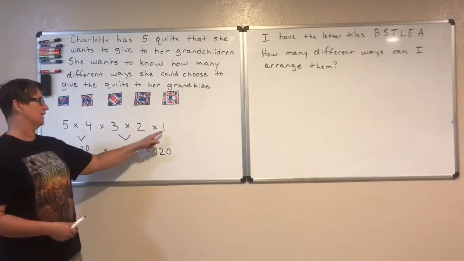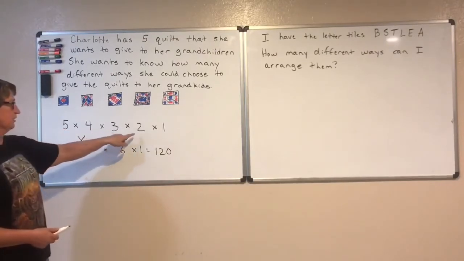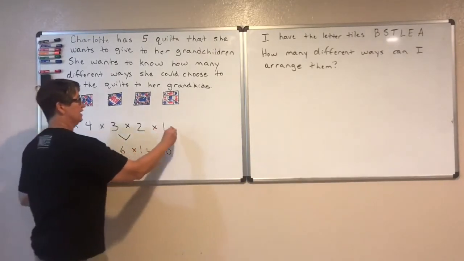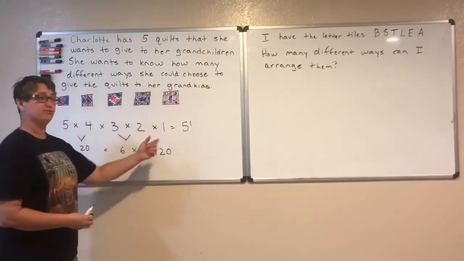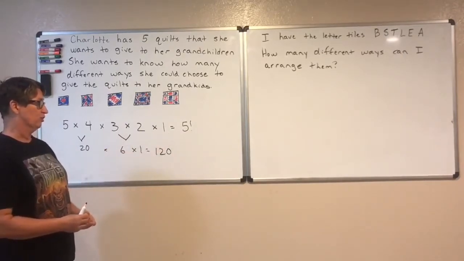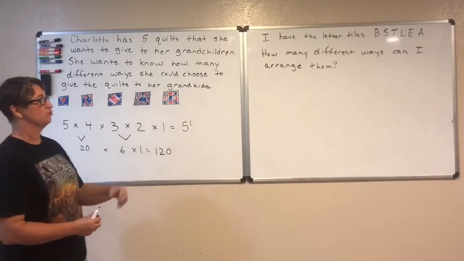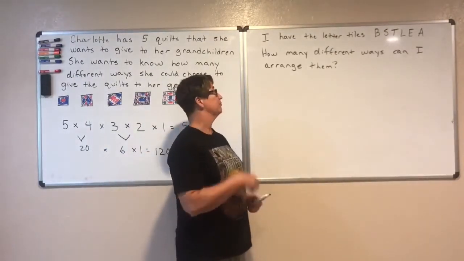Another way for us to write this in mathematics, when we have 5 times 4 times 3 times 2 times 1, is 5 factorial. I have another video on factorials to help you out if you want to learn more about factorials. Let's do one more where we have dependent events here.